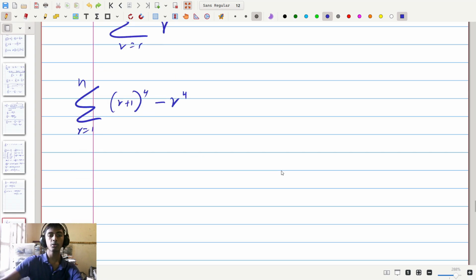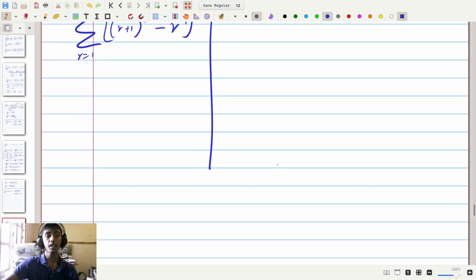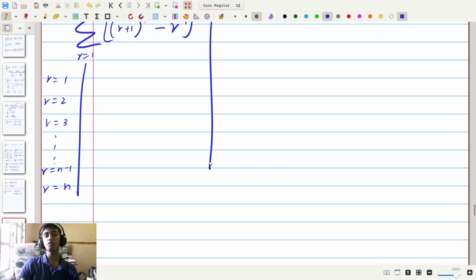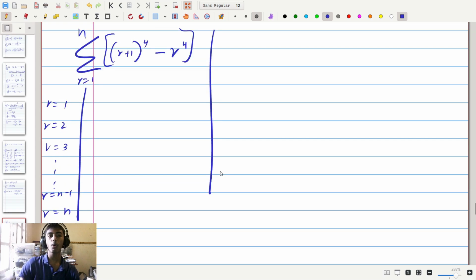So anyway, going to this telescoping sum, if we consider the terms involved and do that same left side, right side simplification that we did earlier, we can see that for r equals 1, r equals 2, let's do r equals 3 as well, and then let's skip ahead to r equals n minus 1 and r equals n. For r equals 1, we're going to have 2 to the power of 4 minus 1 to the power of 4.